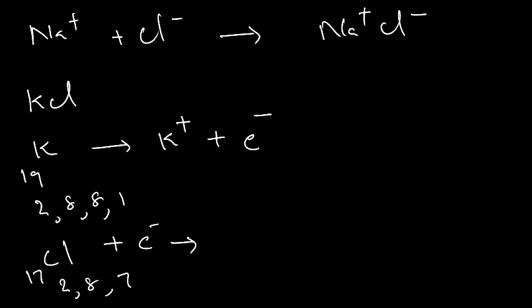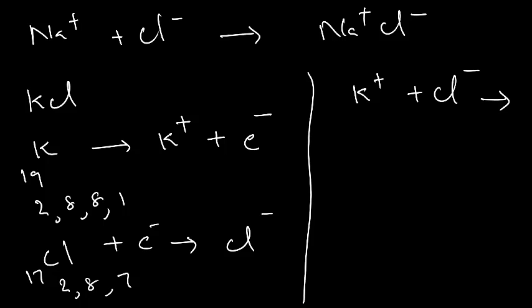Therefore, it takes 1 electron from outside and becomes Cl-, the chloride anion. Potassium ions and chloride ions come closer and form KCl, K+ and Cl-. This is potassium chloride, an ionic substance.